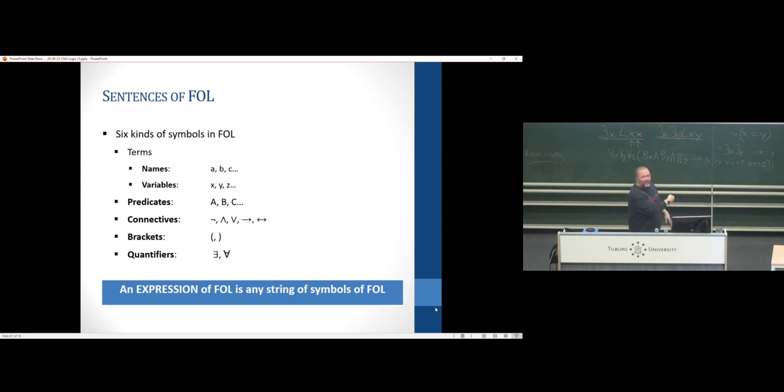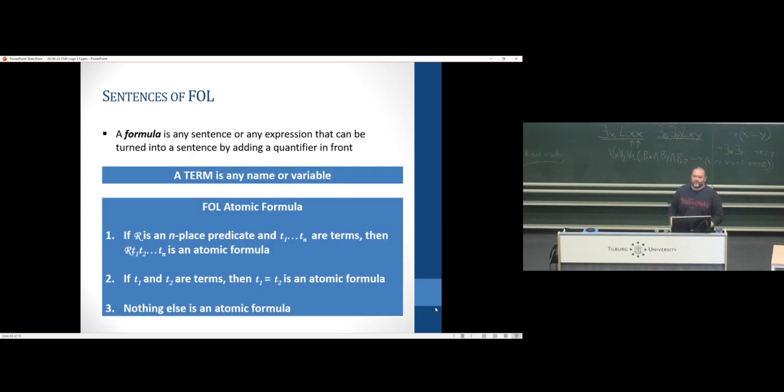So this is just to get you in the FOL door. Now we'll say that a formula is any sentence or any expression that can be turned into a sentence by adding a quantifier. So this is our proto definition of a sentence. It's our first step to get us there. And we can say a term is any name or variable.